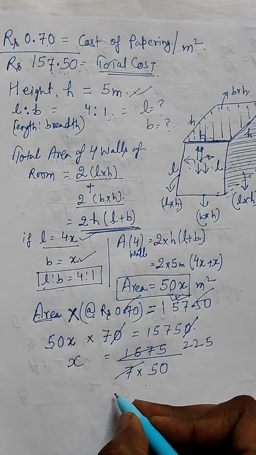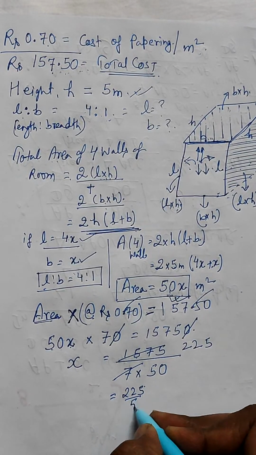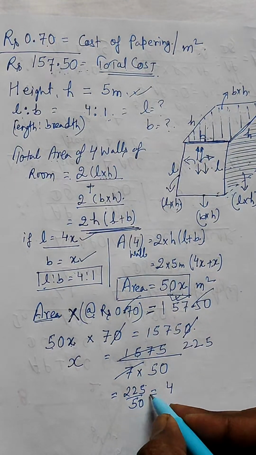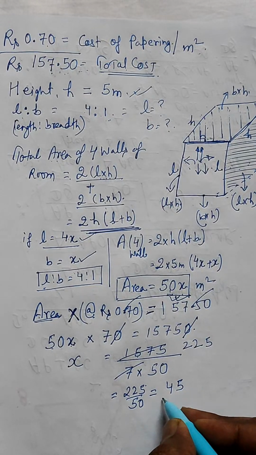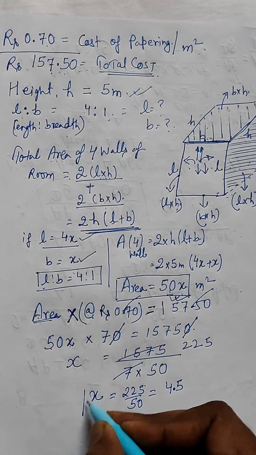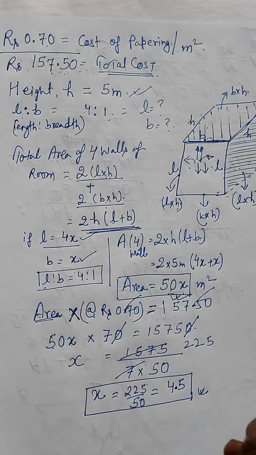So 225 by 50 comes as 4.5. So the value of x is calculated as 4.5, right?